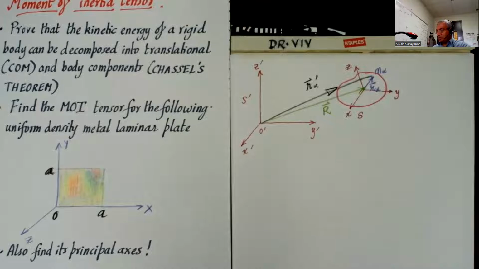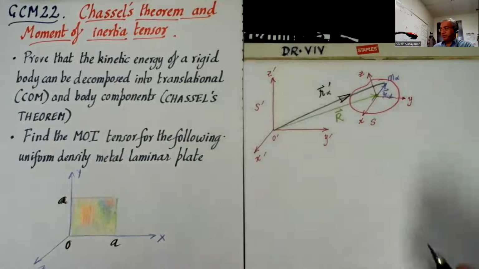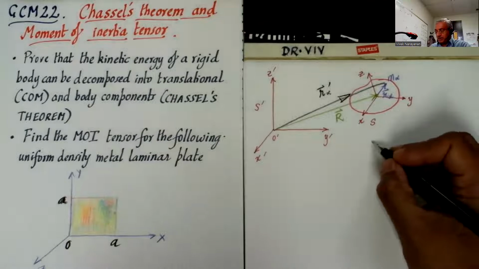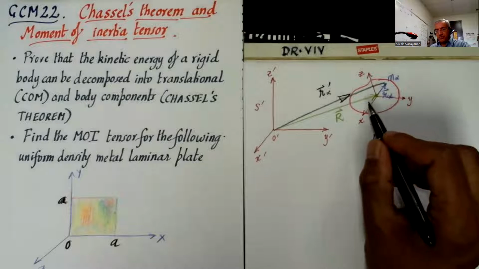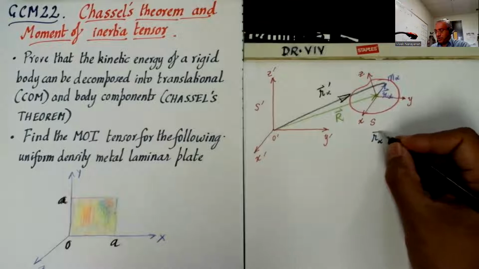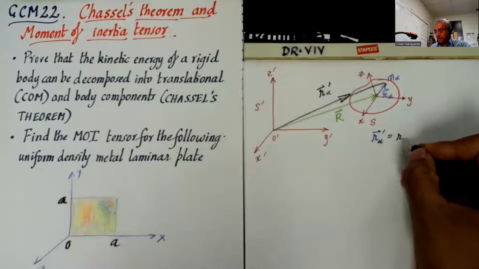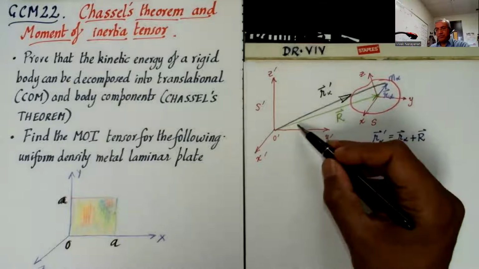So we already established in the video, I think it was video number 20, some things about the time derivative from this frame versus that frame. Right now, let's write down the obvious equation, R alpha prime equals R alpha plus capital R, which follows from simple vector addition.